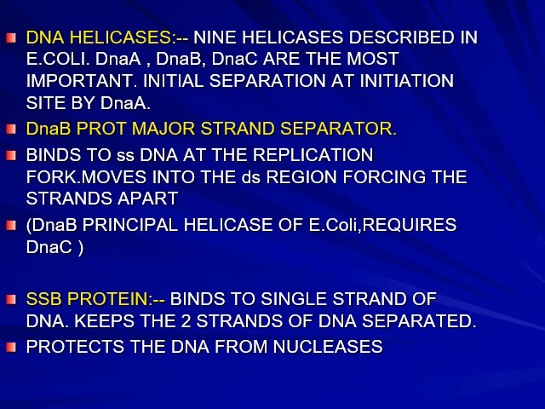Once the two strands are separated, the DnaB protein forces itself in and forms a replication fork, thereby separating the two strands of DNA, and it is ably assisted by the DnaC protein.